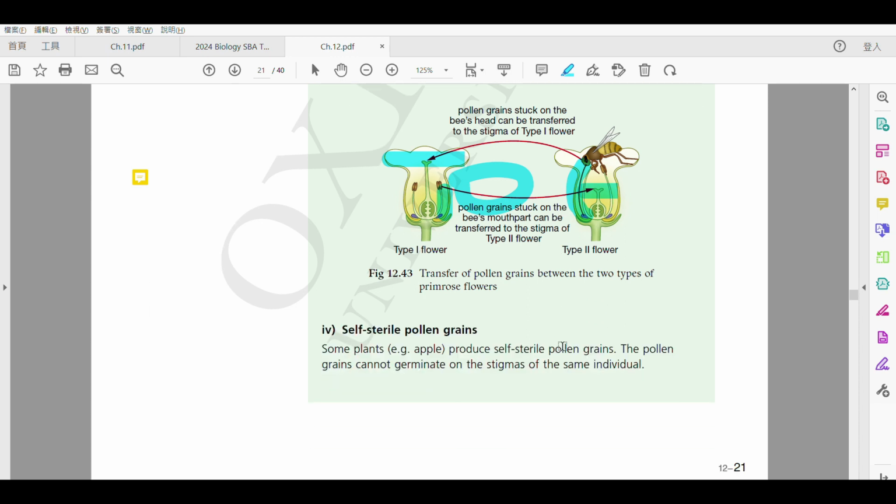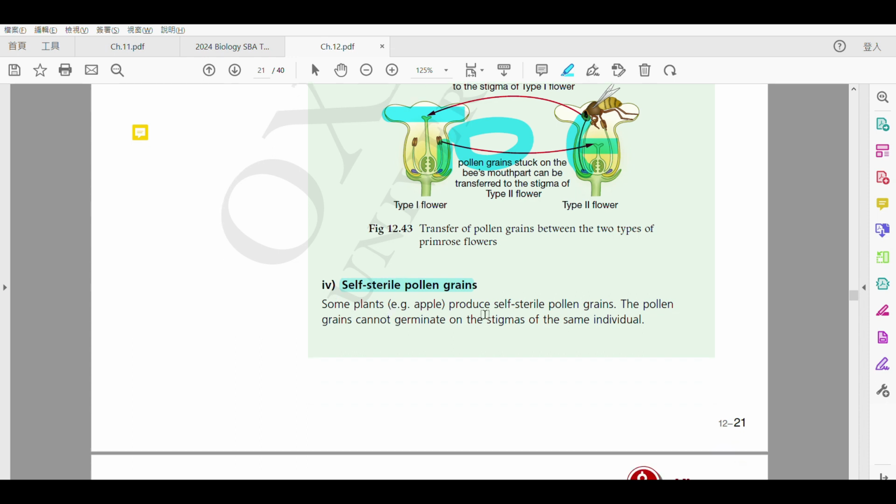Then, the last one, no, this is the second last. OK, we will talk about what are called self-sterile pollen grains. The word sterile means unable to reproduce, or not able to breed, alright, sterile. OK, what does self-sterile mean? That means when the pollen grain comes from the same individual. Okay, so if the pollen grain comes from the anther and then travels to the stigma of the same individual, for example the same flower or the same plant, they cannot germinate.